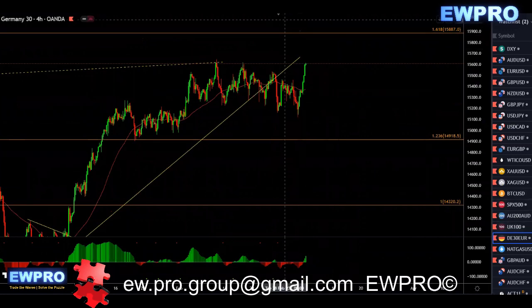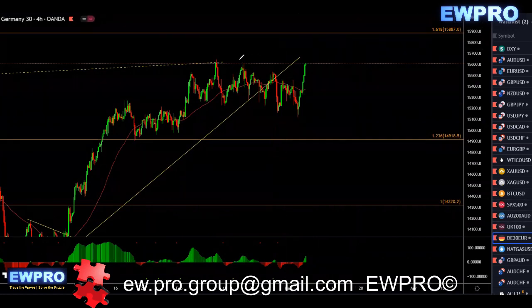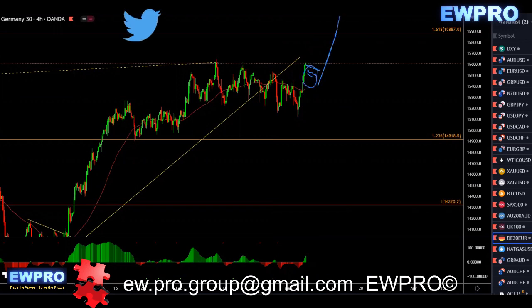The FTSE may do the same thing as what this DAX is doing and just break out. If you wanted to scalp it, you could look for a correction and then look for the upside.